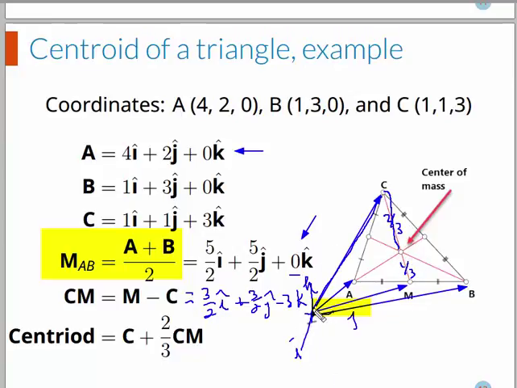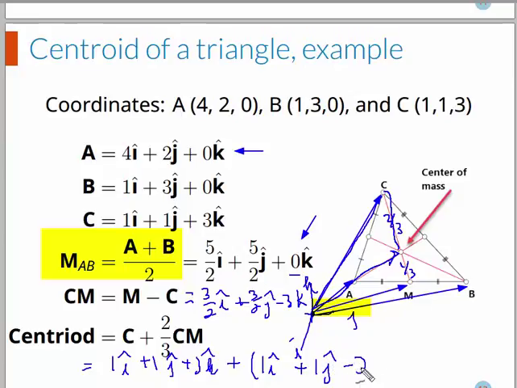And if I want its coordinates, I'm getting them from the position vector pointing to it. So that would be C plus 2/3 CM. That would be 1I plus 1J plus 3K for C. And now I'm going to add 2/3 of this vector, so that's 2/3 times 3/2, so I get 1I, and then 2/3 times 3/2 for the J, so I get 1J, and now it's a minus 2 in the K direction.